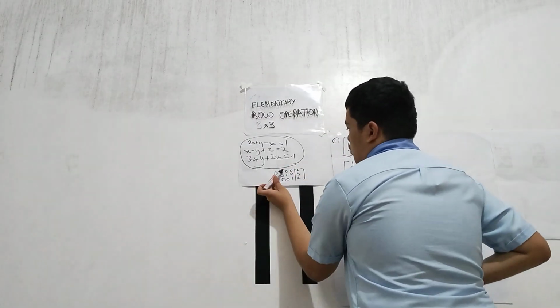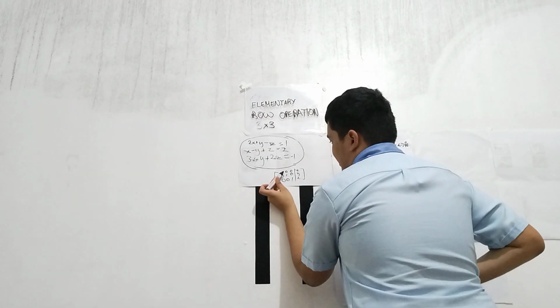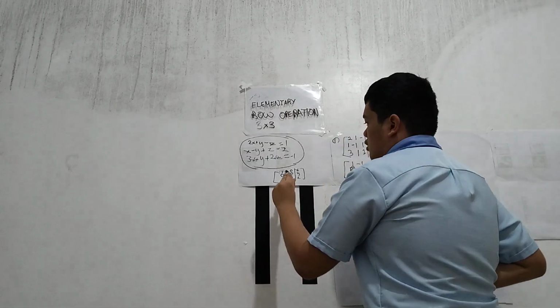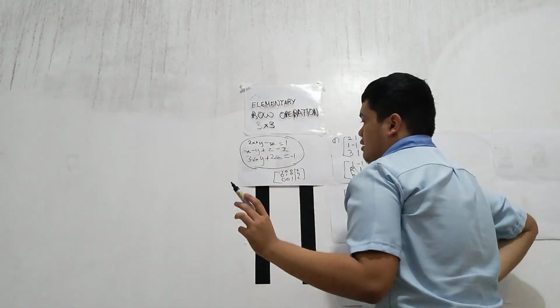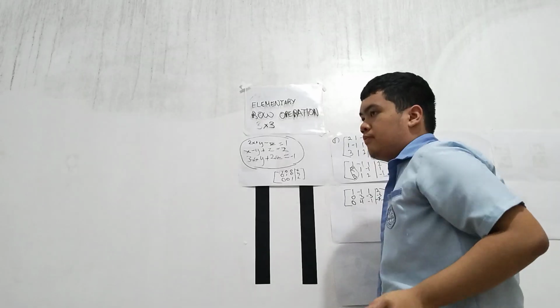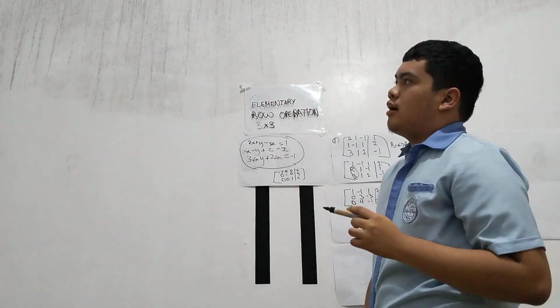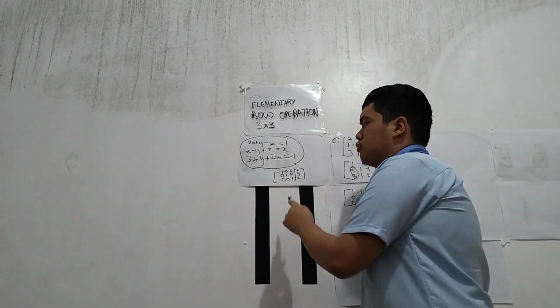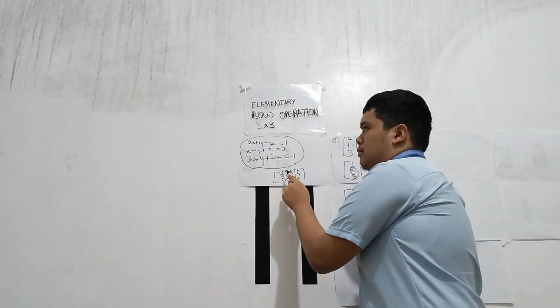We need to make a 1 for this first part. This is an important part. This is always the first step. Every equation we need a 1 in the first step.